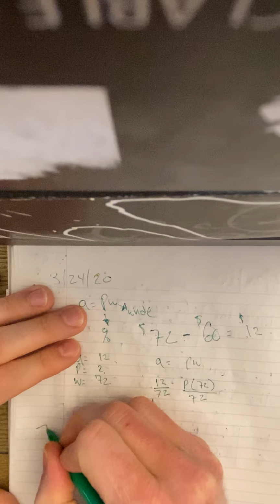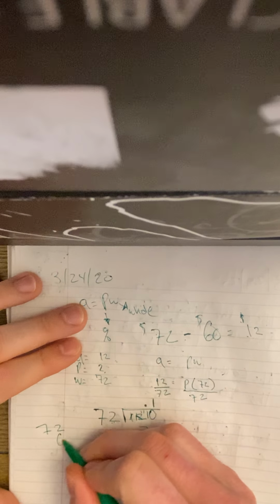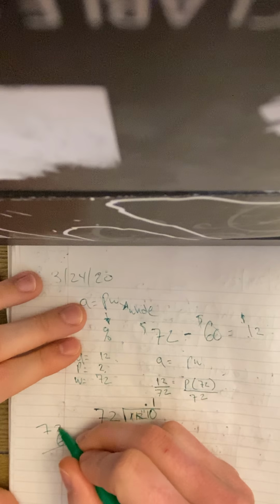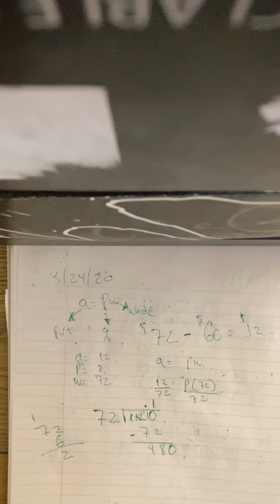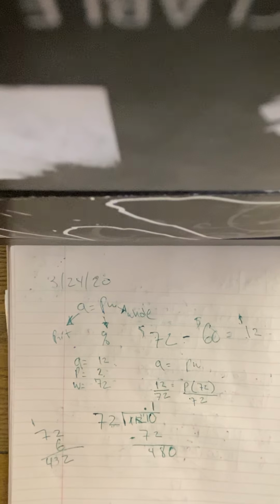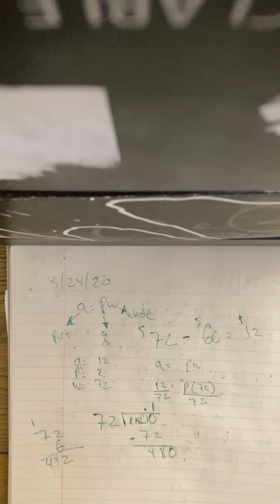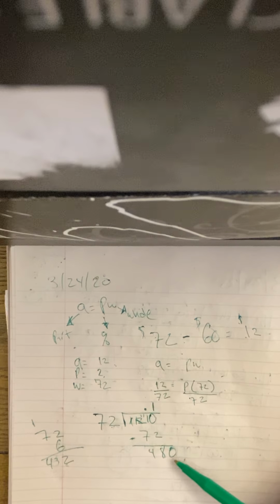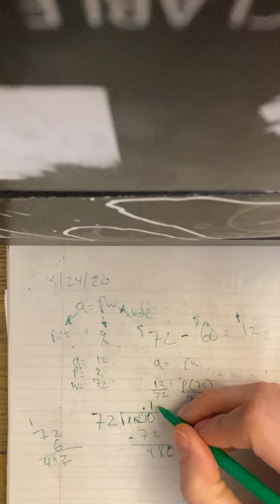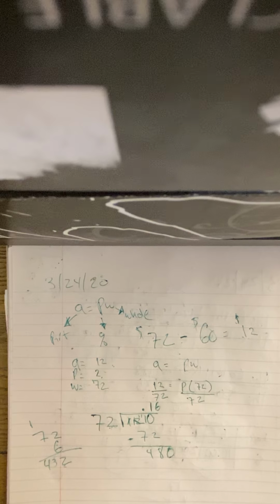So I'm going to do 72 times 6. So I got 12. 7 times 6 is 42, plus 1 is 43. 432. I'm thinking to myself, if I add another 72 to 432, I would go over 480. So I know that it's 6, all right?